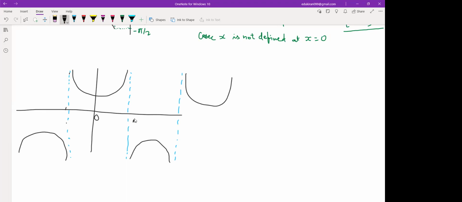This is pi by 2, then 3 pi by 2. These are the points where sec x is not defined. Then at minus pi by 2, minus 3 pi by 2, because their cos x is 0 now. Sec x is 1 by cos x. If cos x is 0, sec x will be undefined. Its value is also not between minus 1 and 1. Its value is either more than 1 or less than minus 1.